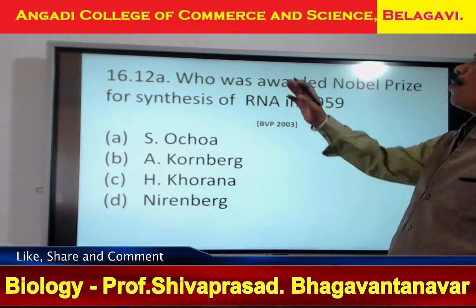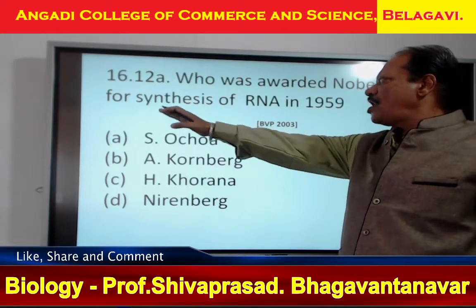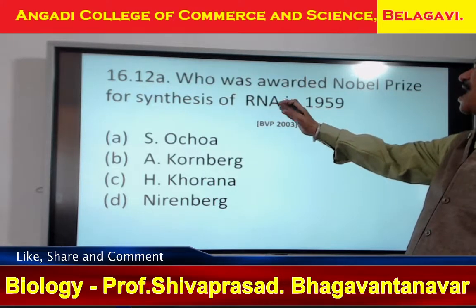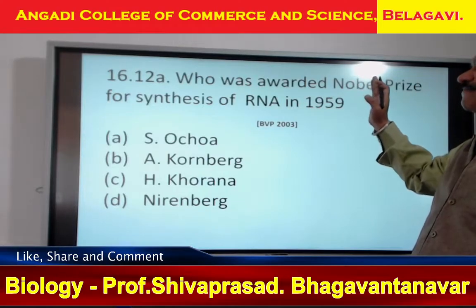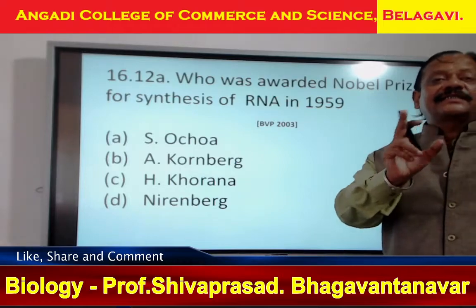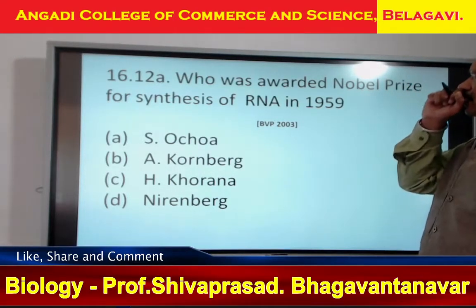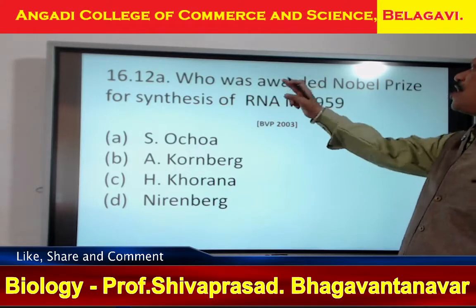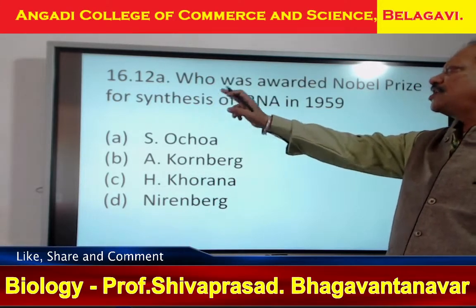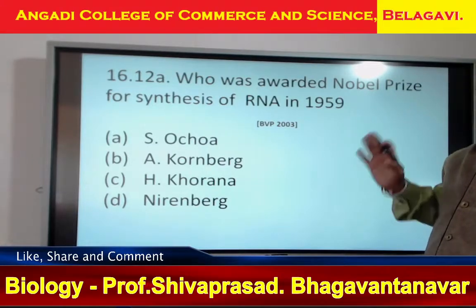Here, who was awarded the Nobel Prize for synthesis of RNA in 1959? So here they are not asking about DNA, they are asking about RNA. Who was awarded the Nobel Prize for synthesis of RNA in 1957?